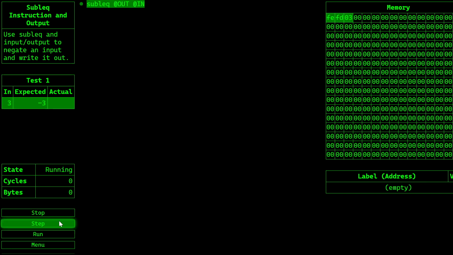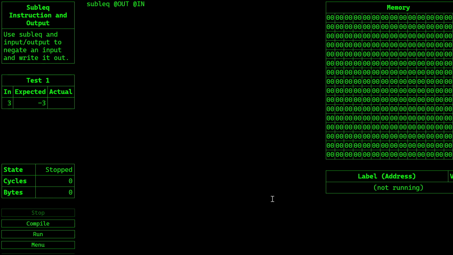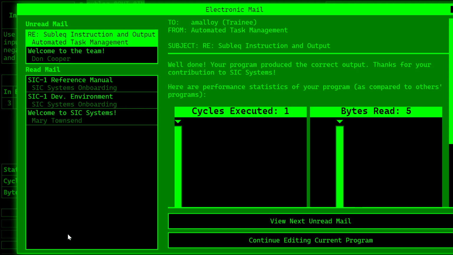So I'm in the stepping debugger now, and here's our subleq, right? FE and FD, those are out and in. Yes, makes sense. I don't see anything at this address, but... Oh, I probably need to write halt, don't I? Or... No? Cycles executed 1, bytes read 5. Well done, we did it. Okay. Sure.